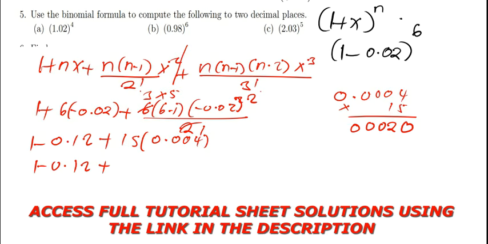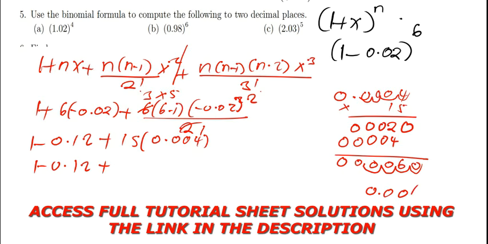So here that gives me 4, 0, 0, 0, 0, like that. So how many decimal places? 1, 2, 3, 4. So starting from here, 1, 2, 3, 4. So it is actually 0.006. As simple as that.